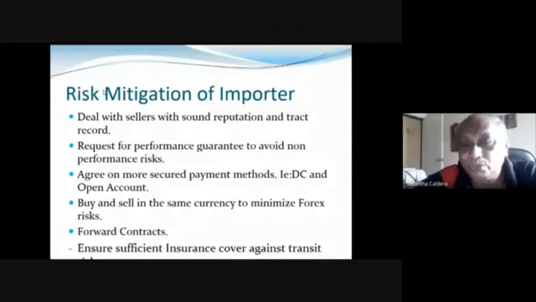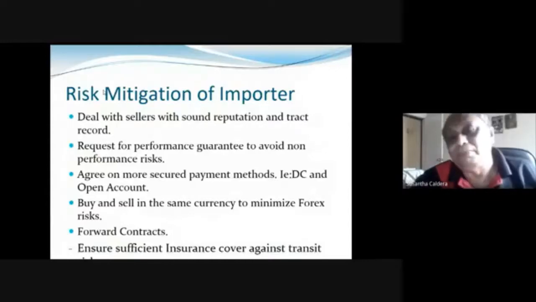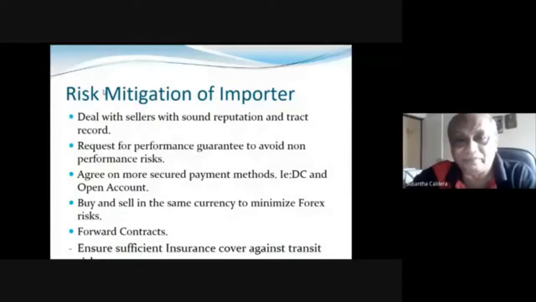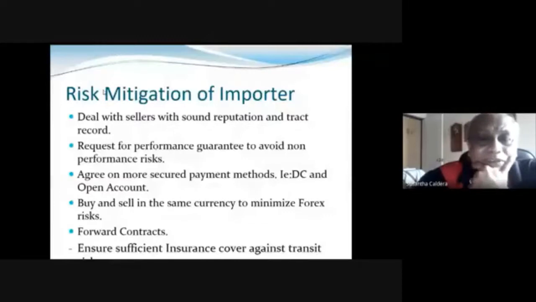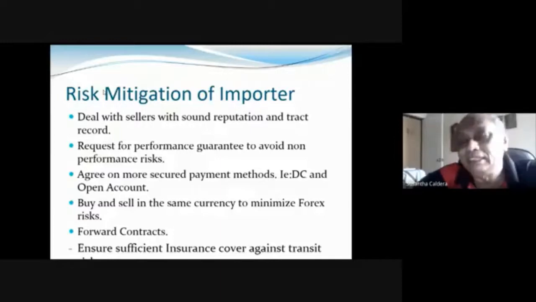Agree on more secured payment methods, for example DC and open account. Right? Buy and sell in the same currency to minimize forex risk. If you are transacting in the same currency, then there won't be any forex risk.